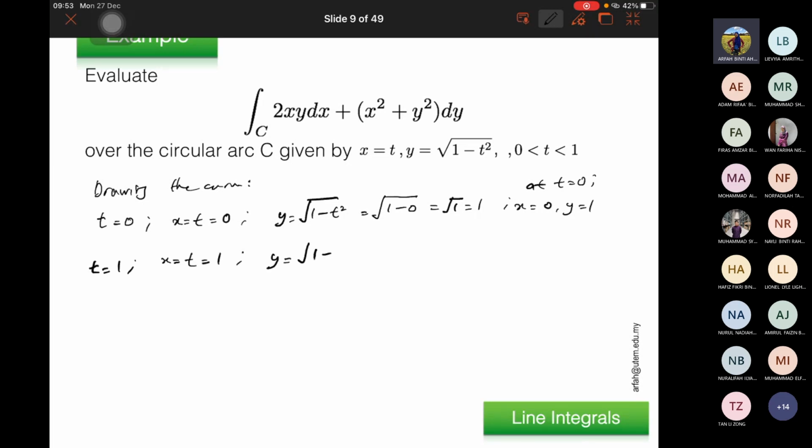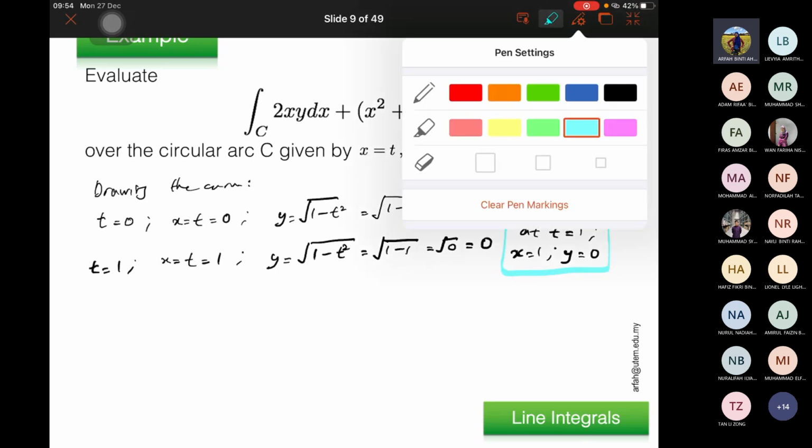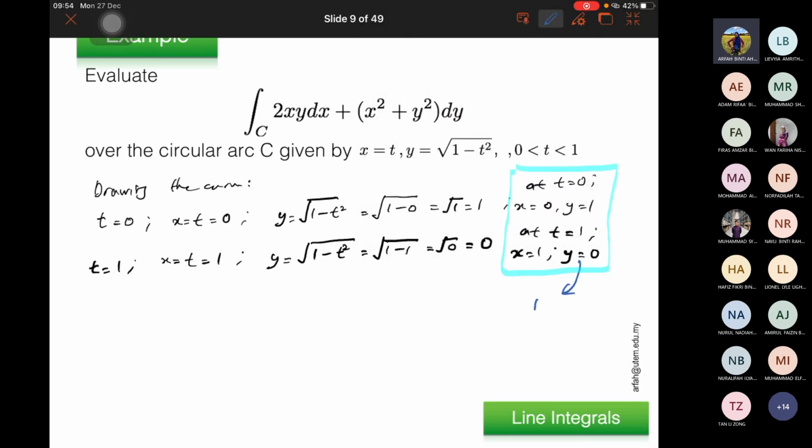Y equals square root of 1 minus t squared, that is square root of 1 minus 1, square root of 0, equal to 0. So at t equal to 1, x will be 1, y will be 0. So using this information, we will draw the curve.